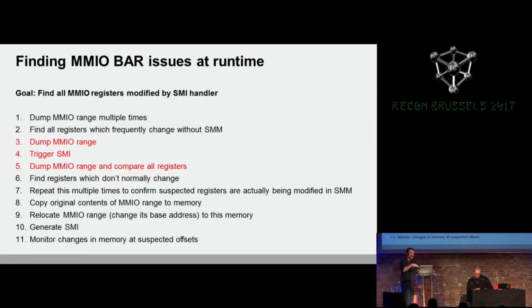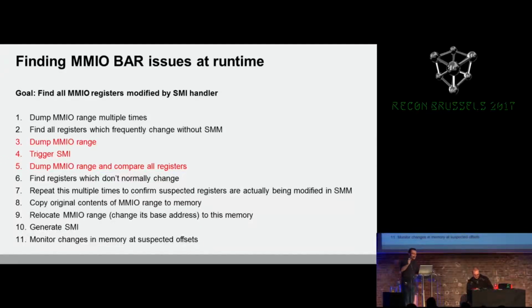And then we trigger SMIs, or cause a function like the variable write that would trigger an SMI. And then after every SMI, we dump that range again, see which registers have changed, and compare them with that normal difference, with the registers that normally change.